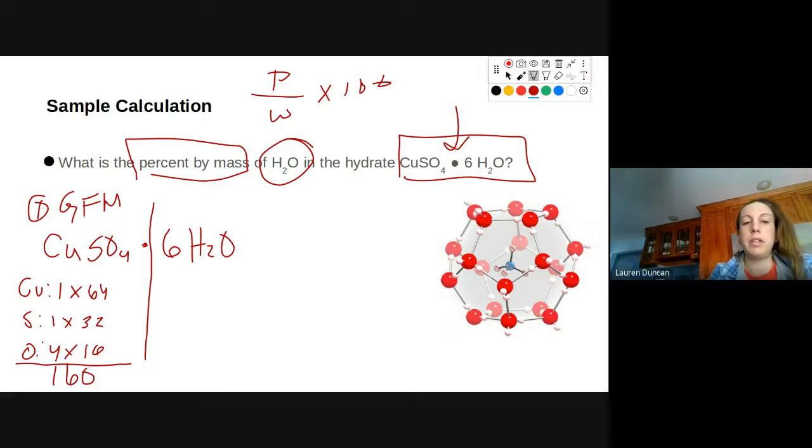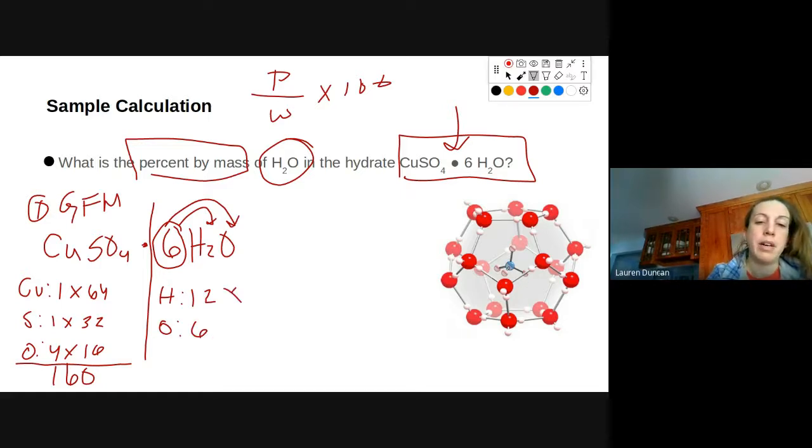All right, so then I'm going to do this again, but for 6 waters. So I just have hydrogen and oxygen in water. If I had 6 waters attached to each copper sulfate, there are 12 hydrogens total, 6 times 2, and 6 oxygens total.